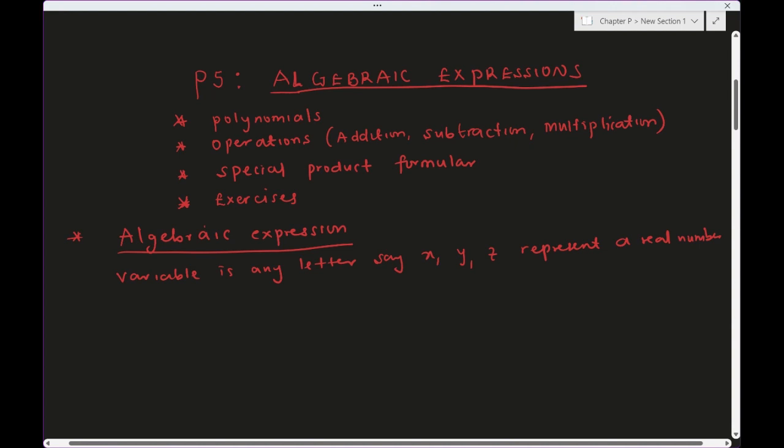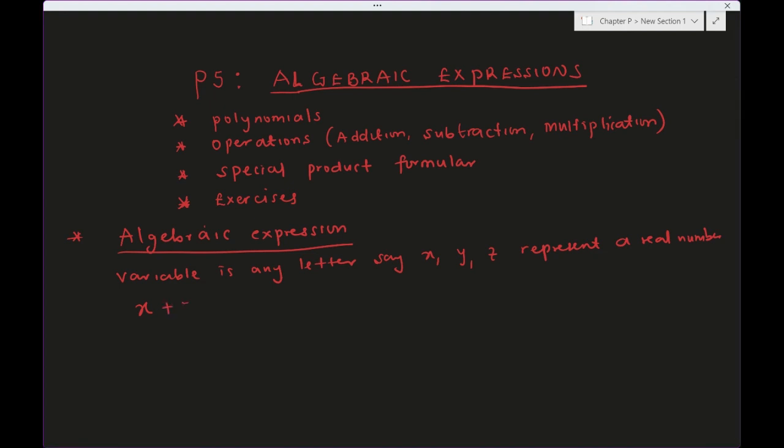Now, if you take this variable and let's say you add another real number, let's say 5, this becomes an expression. It becomes an algebraic expression. Or let's say you even take the root of X, and you subtract maybe 1.